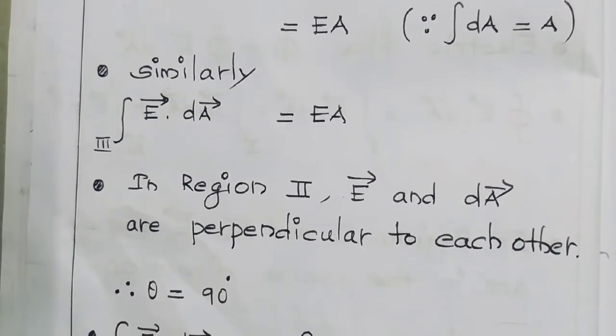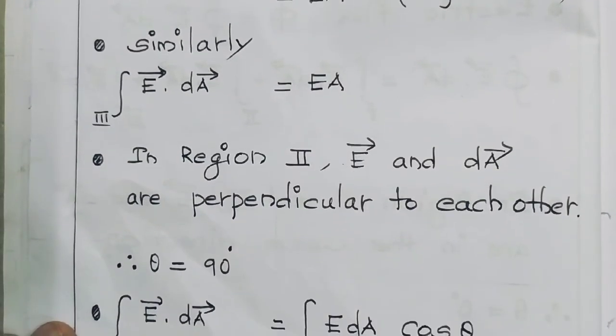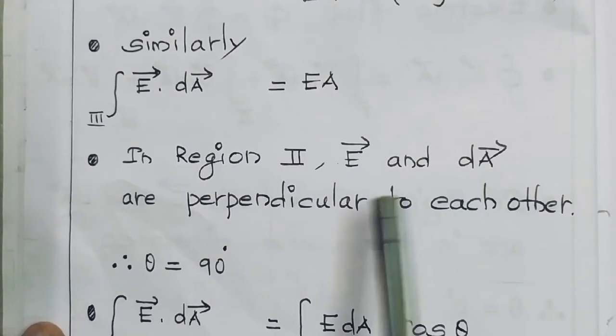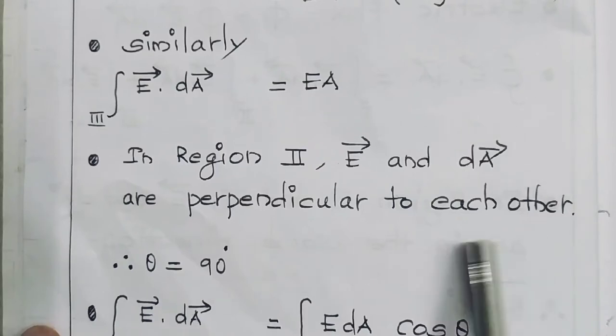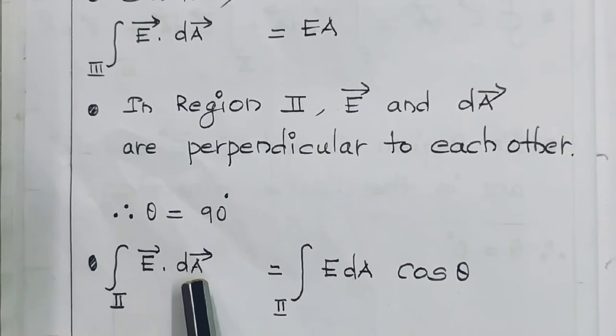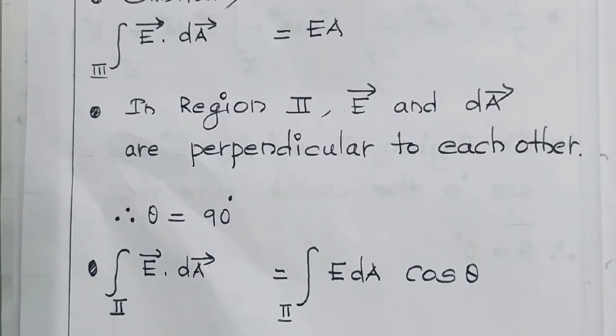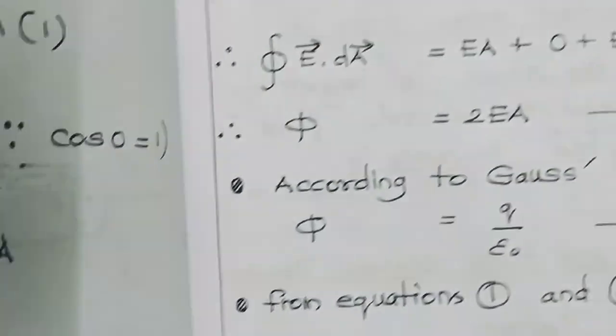Then, in region 2, E vector and dA vector are perpendicular to each other. So the angle is 90 degrees. So for the integration of E vector dot dA vector, as usual, we write E dA cos theta. Then we substitute the value of theta.